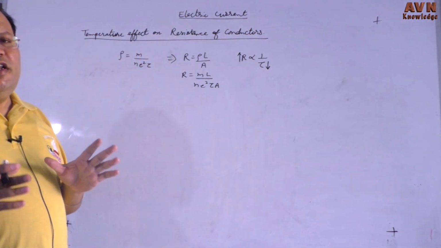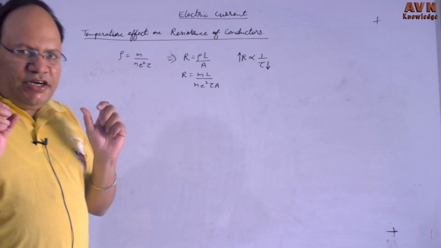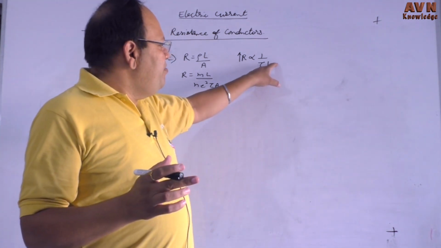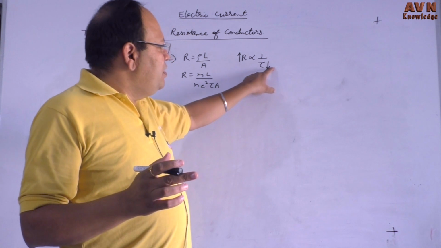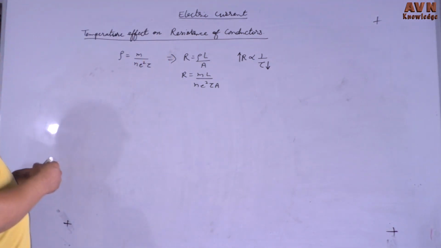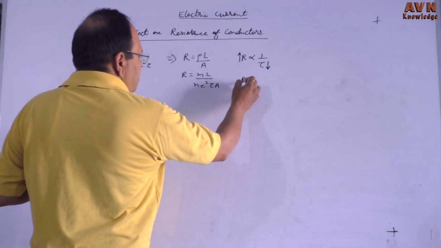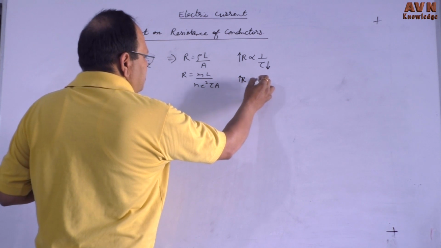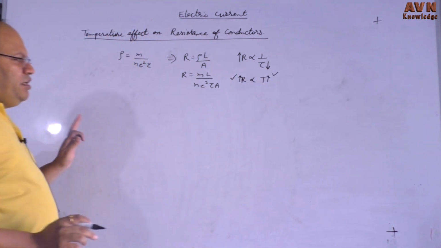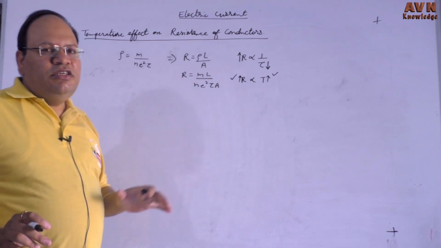When we increase the temperature, the timing of the collision decreases. When the average time decreases, the resistance increases. So the basic concept is, when we increase the temperature, resistance is also increased.